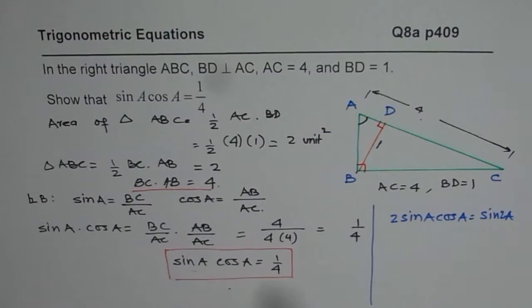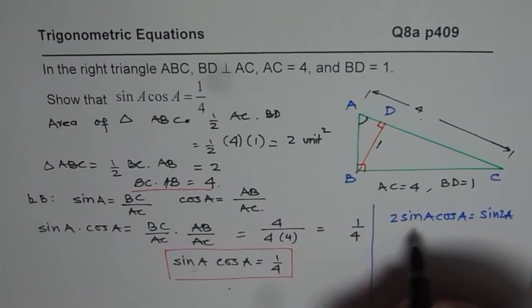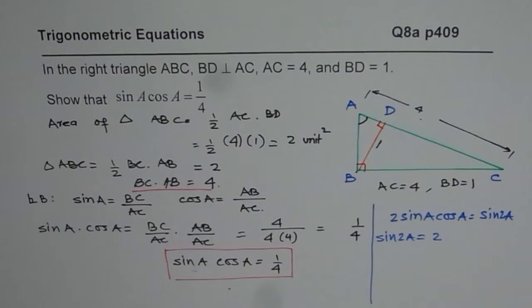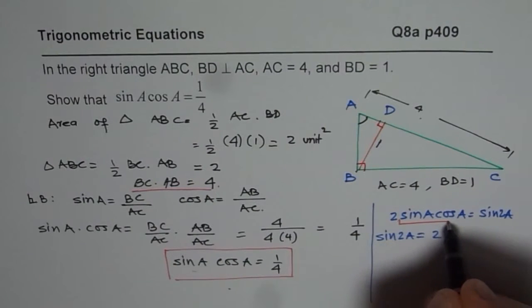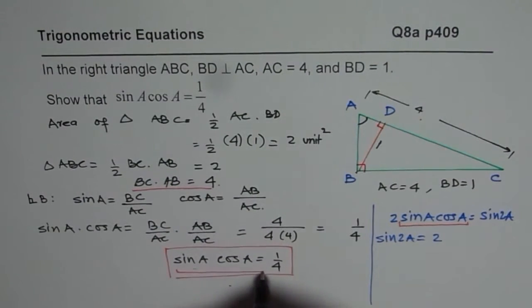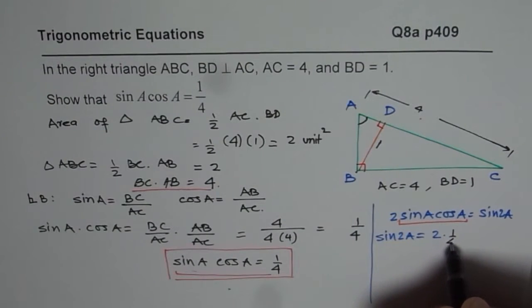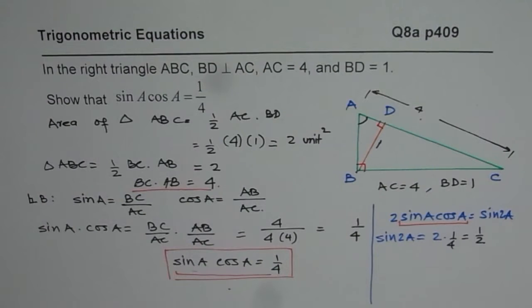If I multiply by 2, then what do I get? We have sine A cosine A is 1 over 4, so sine 2A will be equal to 2 times sine A cosine A, which we found in this triangle is 1 over 4. So I get half here. Now, what acute angle has sine half?